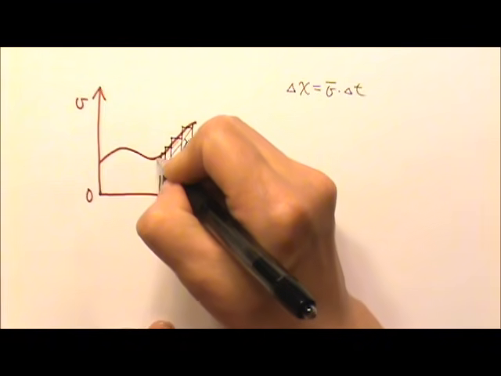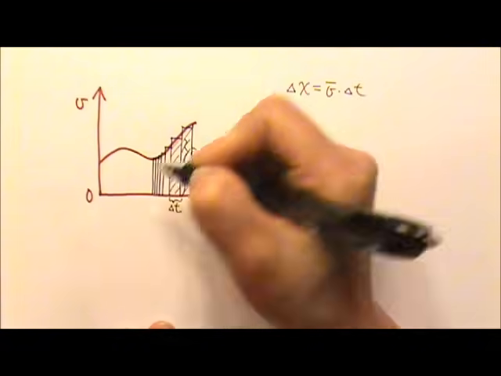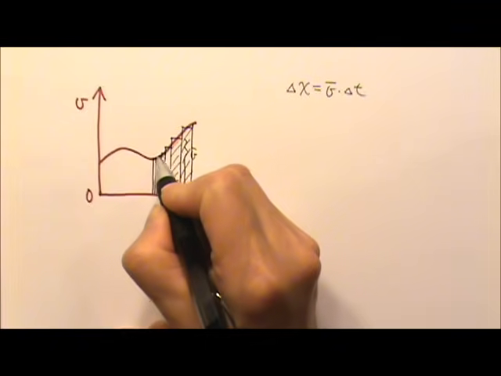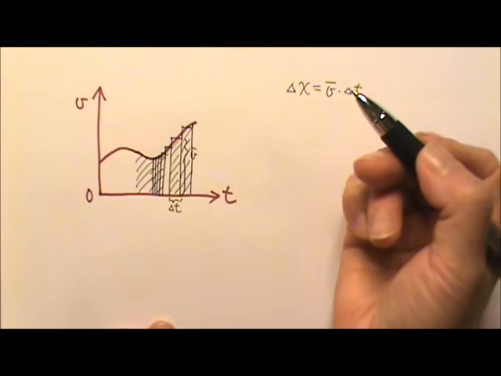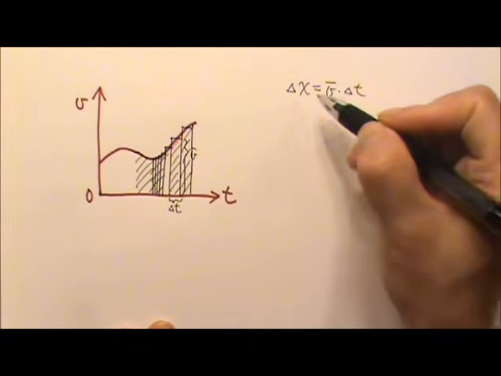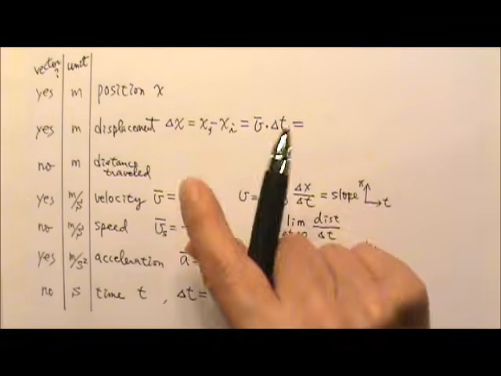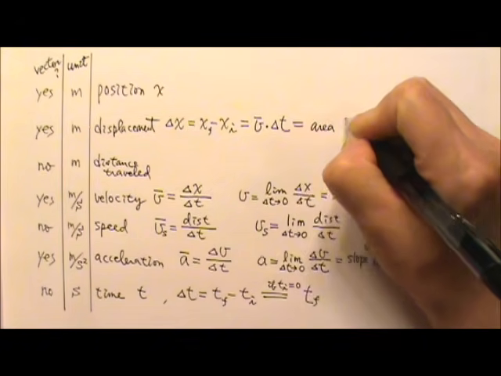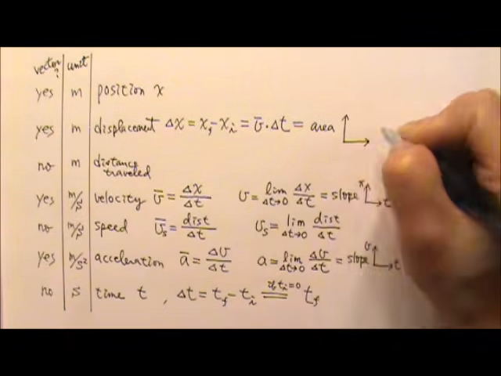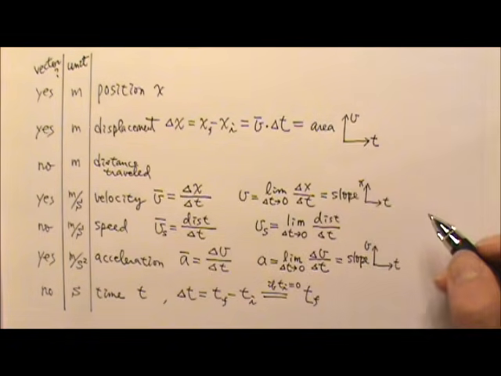And that means when you make them extremely thin, the rectangles added together will give you the area under this curve. The area under the curve will be the displacement. So that's our last part. The displacement equals the area of a graph. It's the area of the velocity versus time graph.